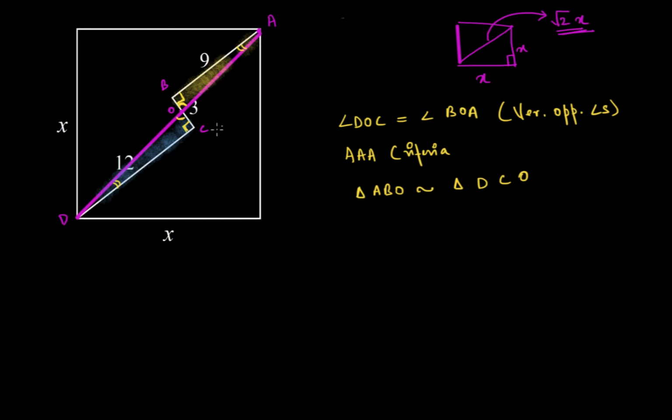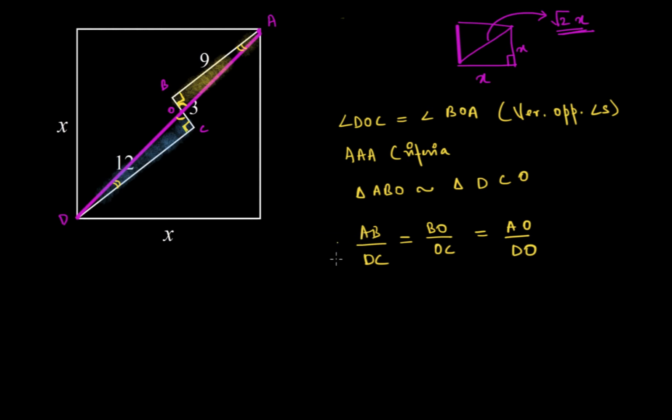And if two triangles are similar, the ratio of the corresponding sides are equal. So now I know that AB upon DC will be equal to BO upon OC. I'm taking the ratio of the corresponding sides, which will be equal to AO upon DO.